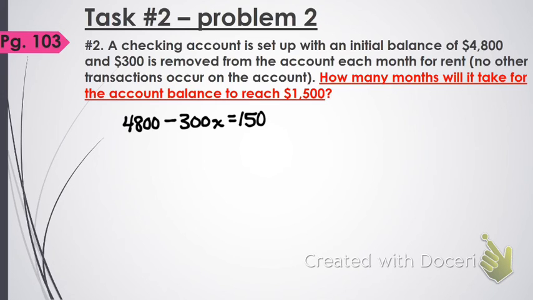So that negative 300, that's your rate. That is being taken away each month or each time. Starting amount was 4,800. Ending amount was 1,500. Very, very nice work. We're going to continue our equation building work when I see you guys again on Friday.